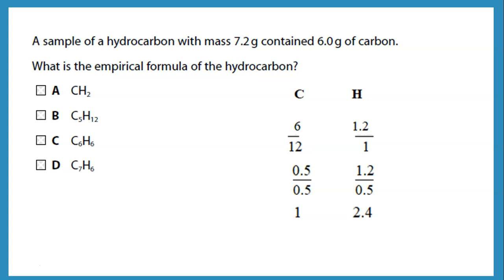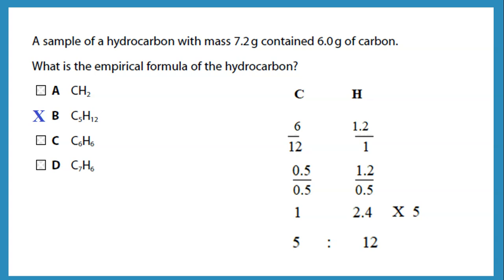So what can I multiply 2.4 with in order to get a whole number? You will find that I will need to multiply by 5. So you multiply all through by 5. And that means it is not 1 to 2.4, it is 5 to 12. And that means my empirical formula is C5H12.